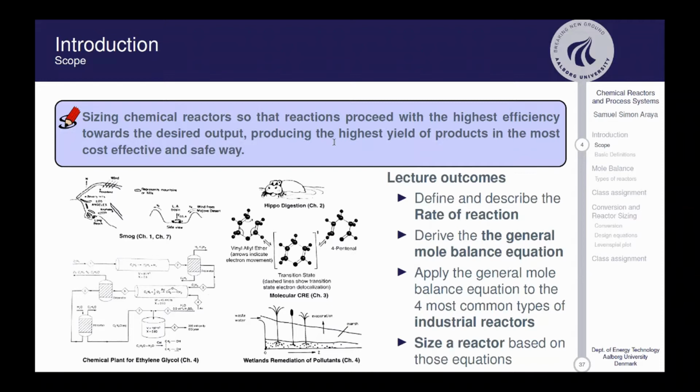An example could be the PTX plants that are now a hot topic. You get carbon dioxide. Well, that's not very cheap, but obviously, it depends. If you get it from the atmosphere, atmospheric carbon capture is quite expensive, but if you get it from a biogas plant or a cement factory where they have a lot of CO2 emissions, then that becomes quite cheap.